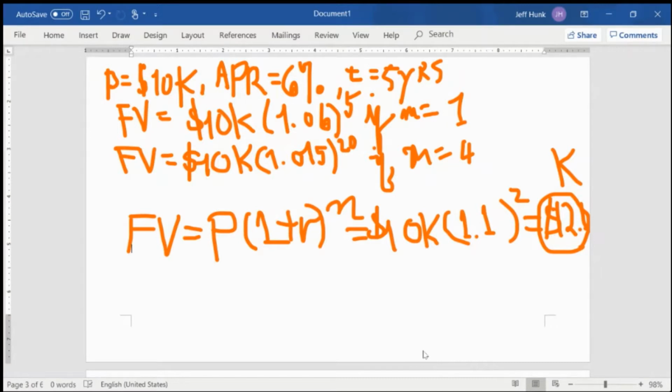And so you have this bond or CD or some kind of commercial paper or investment instrument, right?